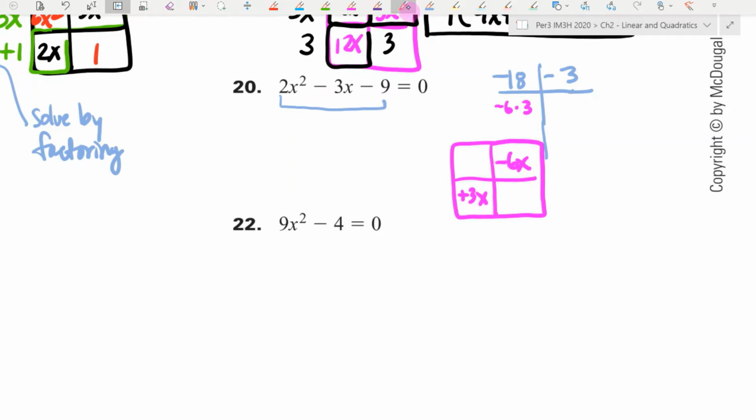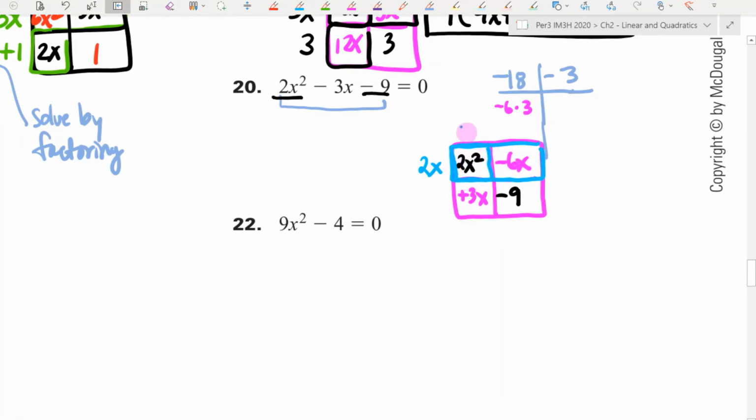You should use the same method all along. It doesn't make sense to switch back and forth between different methods. So 2x squared is first, minus 9 is last. We're looking to see what these two have in common, the 2 and the 6. So we have a 2x. You never want to put a negative number on the outside of this, but 2 goes into both of those, and then also x, and then 2x.